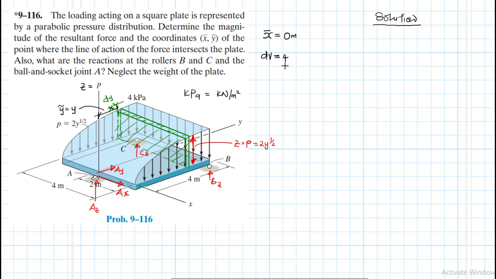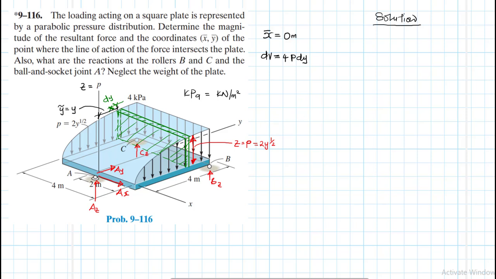Therefore, a small volume for this small slice is going to be equal to 4 times p or z times dy. This is our small volume, right?